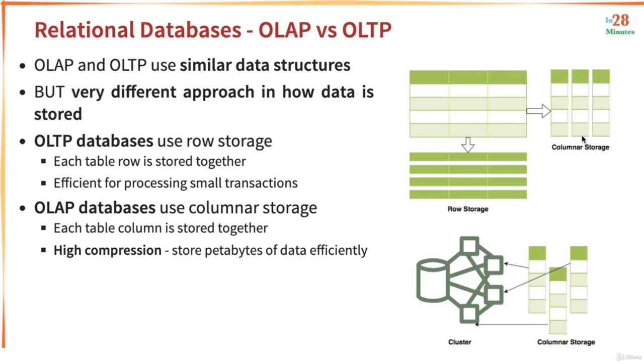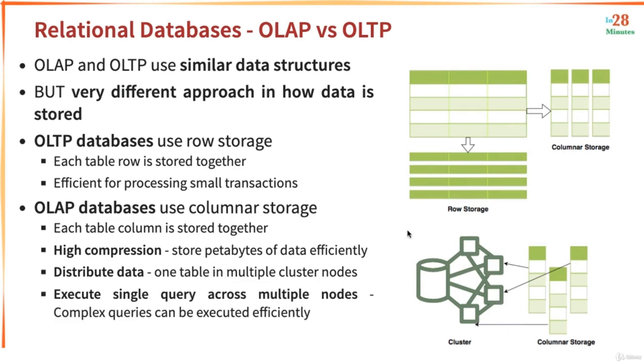The columnar storage can give you high compression, and also this will help you to distribute data easily. So you can distribute each of these columns to different nodes in a cluster. I can store one column in one node, another column in another, and another column in another. And when I would want to execute one query, I can execute it across multiple nodes.